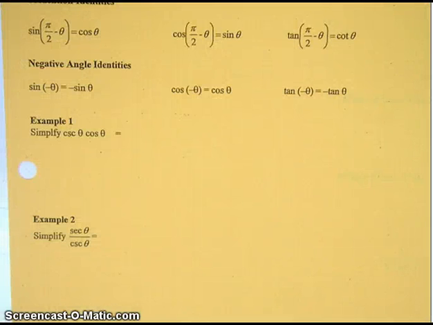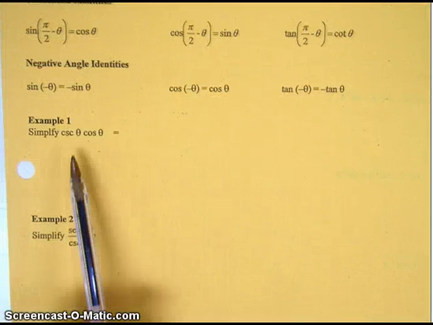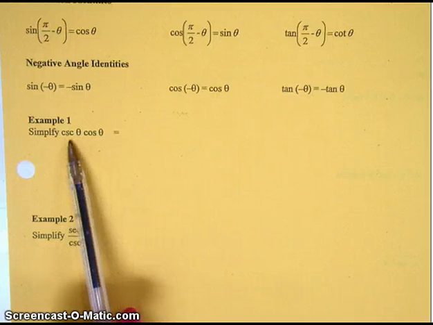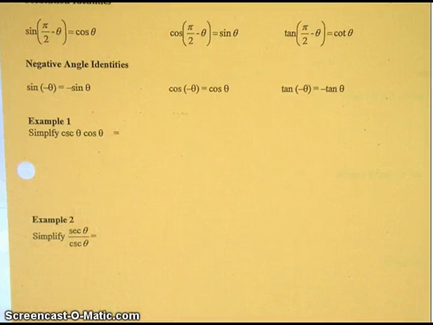Does somebody know what I could replace either of these with from row 1? Go ahead and show row 1 up there. Is there anything up there I could replace cosecant with?